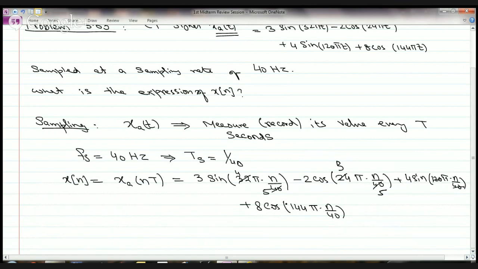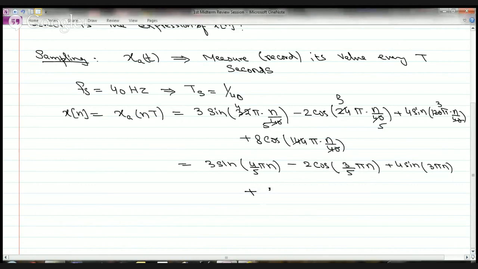Similarly, you can do all these simplifications, and at the end of the day, this is 3 sine of 4 by 5 pi n, that's the first expression that you get, minus 2 cosine of 3 by 5 pi n, plus 4 sine of 3 pi n, plus 8 cosine of 144 times 1 over 40 pi n.